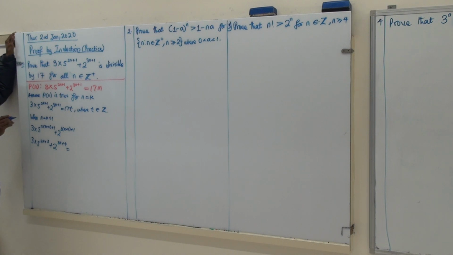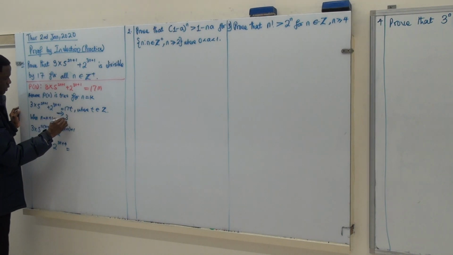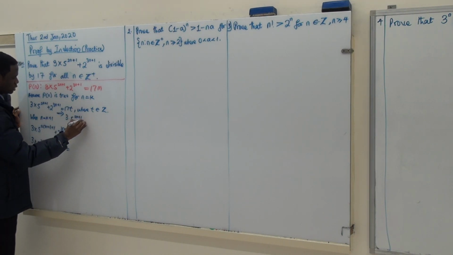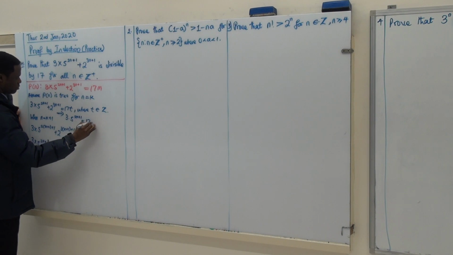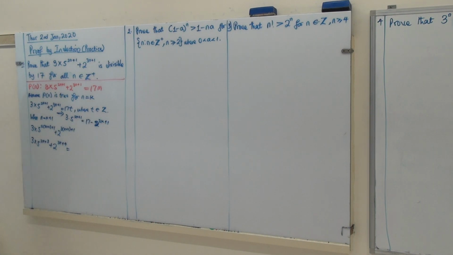Hopefully that works for us. If we make the subject from here, 3 times 5^(2k+1) will be 17t minus 2^(3k+1). Yes? Is that what you did?